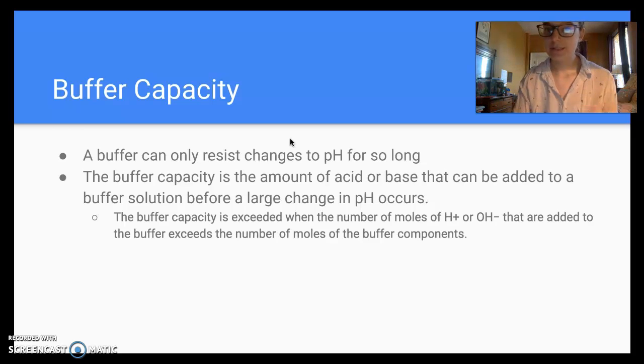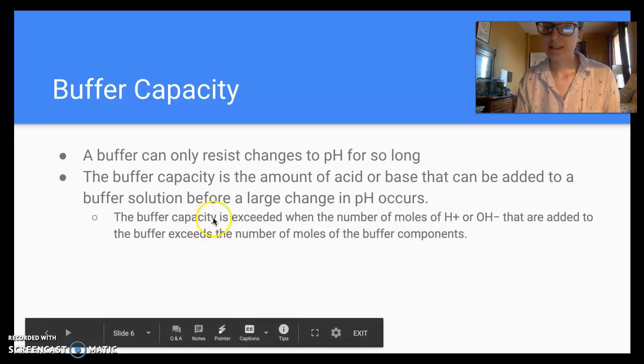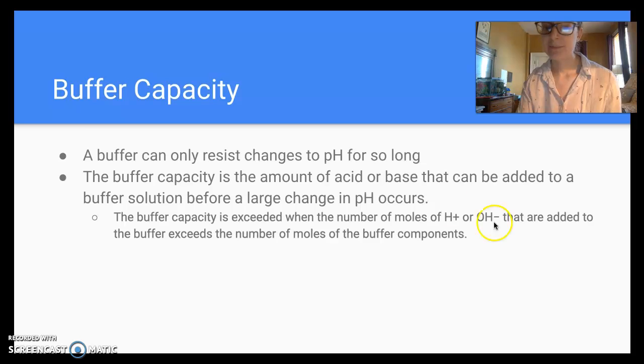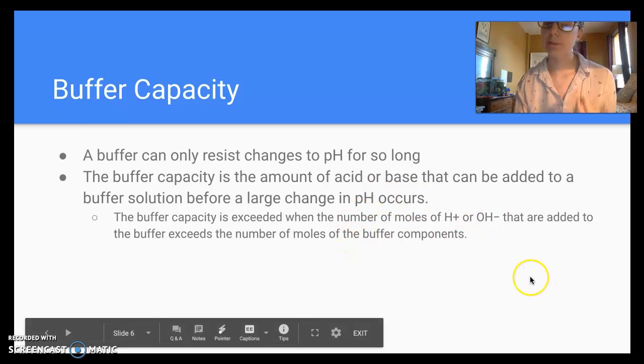So it can only resist changes in pH for so much acid or base that you add. The buffer capacity is the amount of acid or base that can be added before a large change in pH occurs. So the capacity is exceeded when the number of moles of H+ or OH- ions that are added to the buffer exceeds the number of moles of the buffer components.